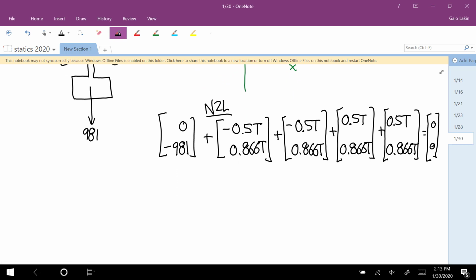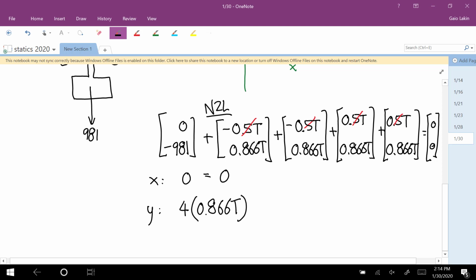So you get two equations. The first one, though, notice that the two negative 0.5 T's and the two positive 0.5 T's cancel each other. So these all go away, and you get an x equation that just says 0 equals 0, so you can't use that. But the second one says 4 times 0.866 T is equal to 981.